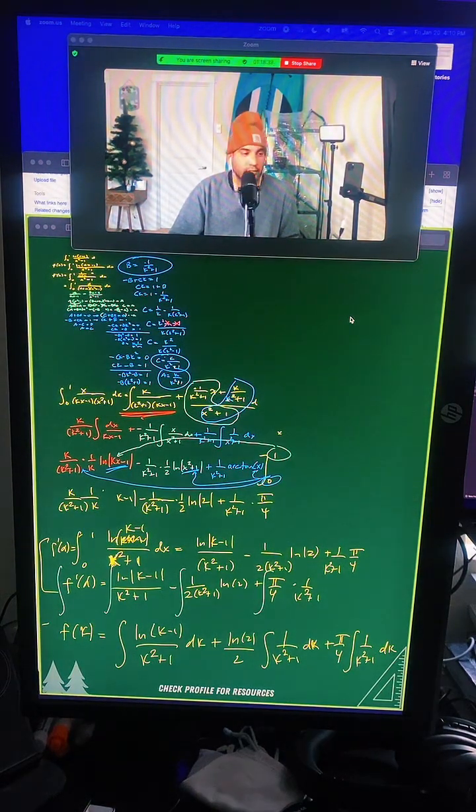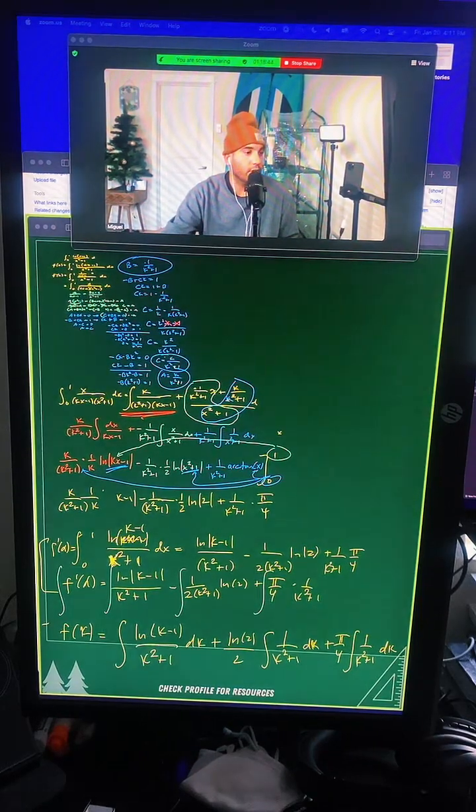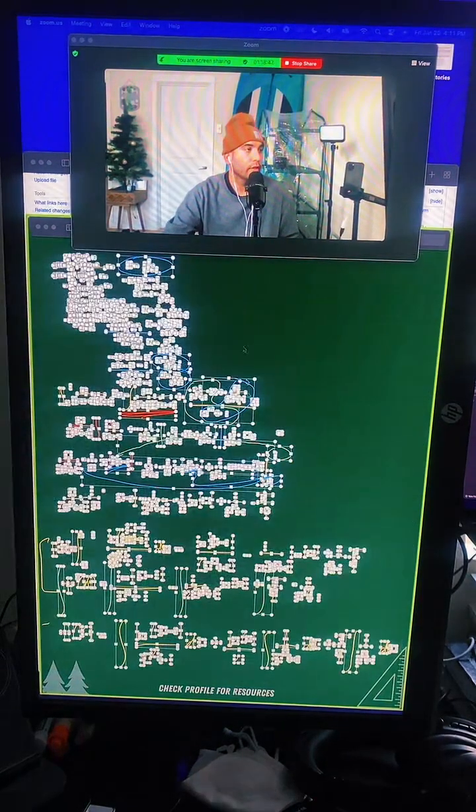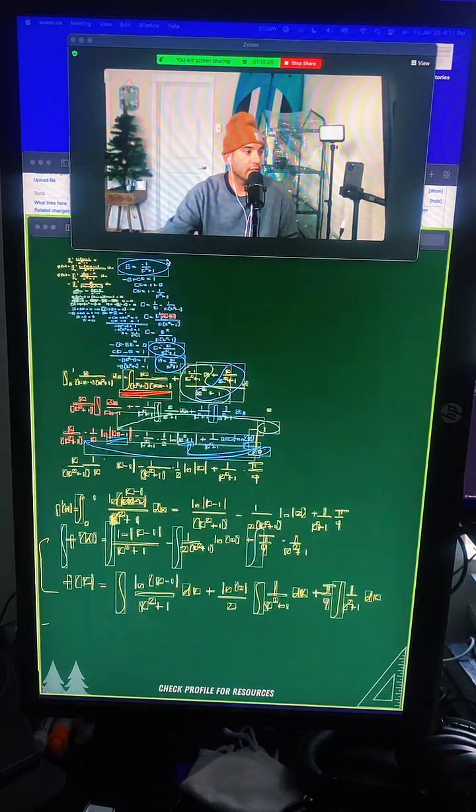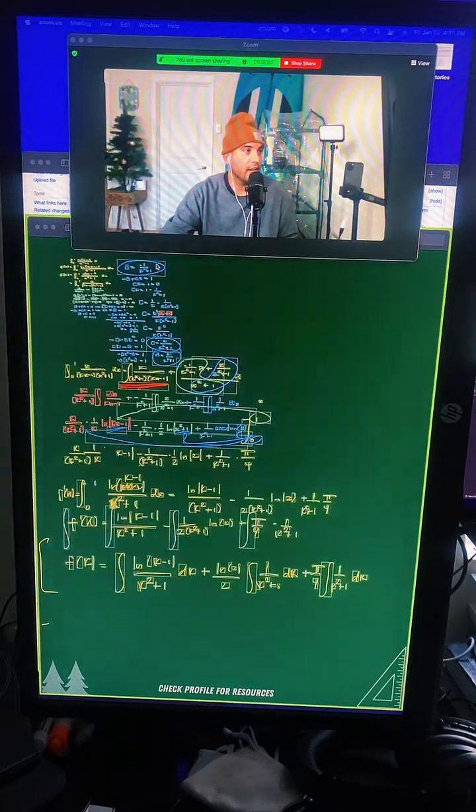Y'all see that? All we have to do is take the integral of this. So the first one, if we go even smaller, God, this is like the matrix.